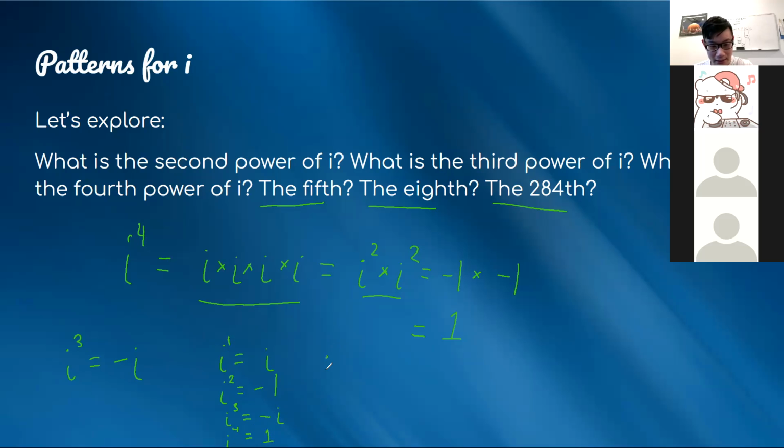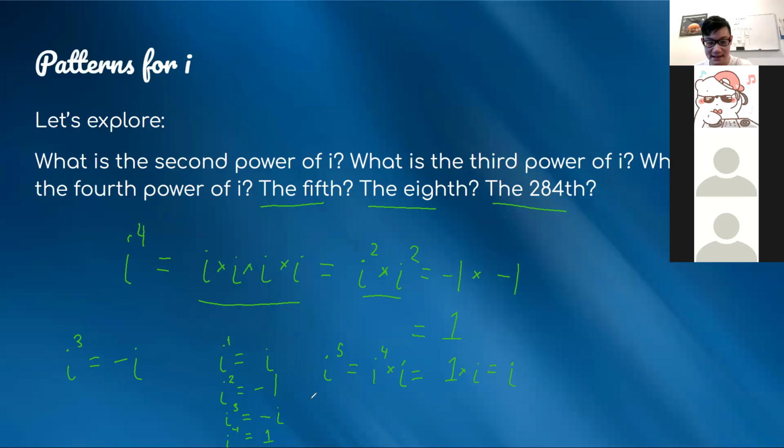So what if we keep going? What if we get i to the fifth power? Well, whenever we have one extra exponent here, all we do is multiply by another i, right? So i to the fifth power in reality is just i to the fourth power times i, which is 1 times i, which is i.